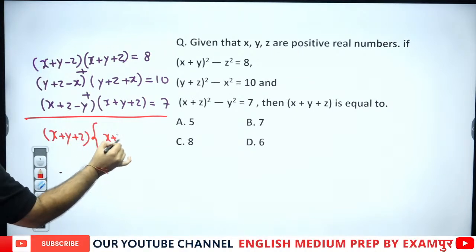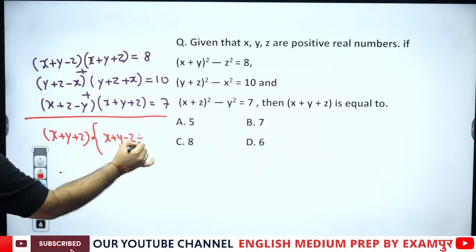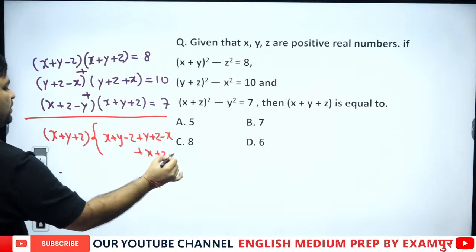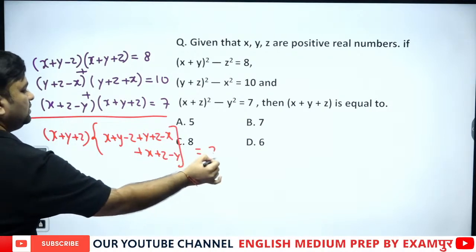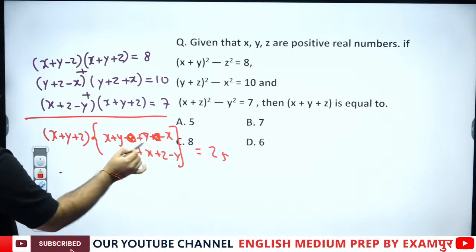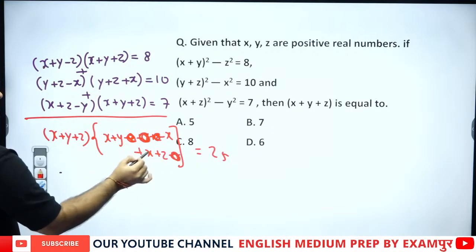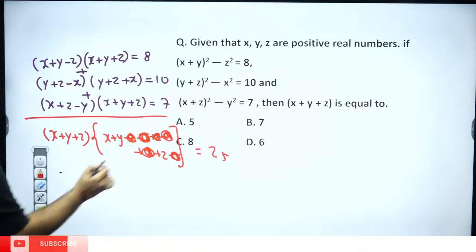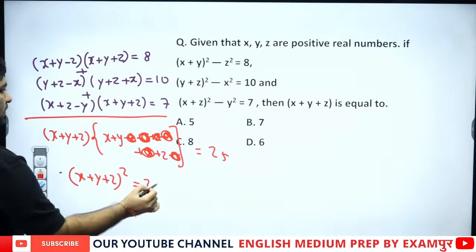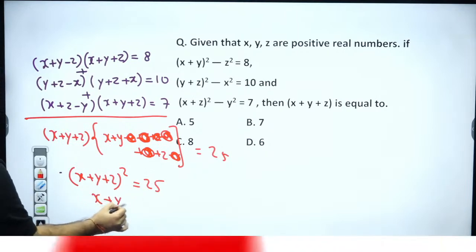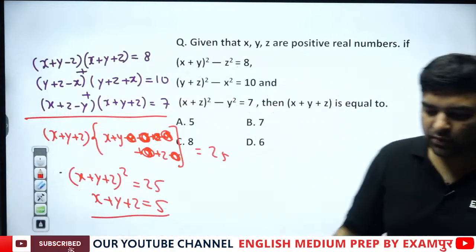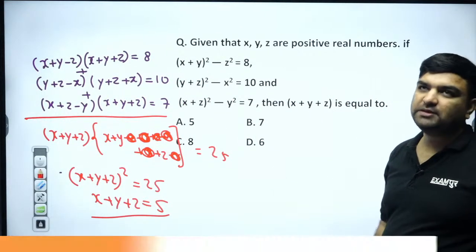So it is x plus y minus z plus y plus z minus x plus x plus z minus y. Minus z will take care of plus z, minus y will take care of plus y, minus x will take care of plus x. So it is x plus y plus z, 2 times.